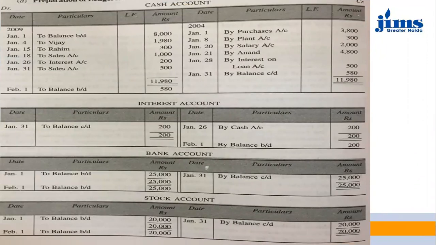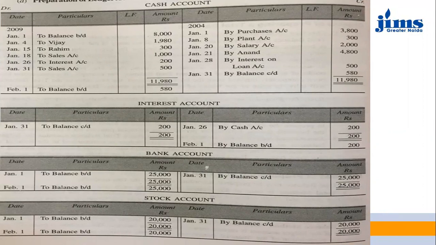Now see here, whenever we have an opening balance for any account, we have to transfer it as per the 1st January date as the opening date, that is 1st January 2009, and then we will put it as to balance brought down.